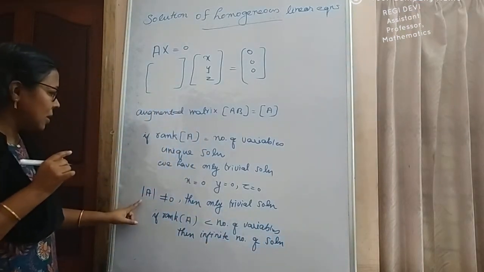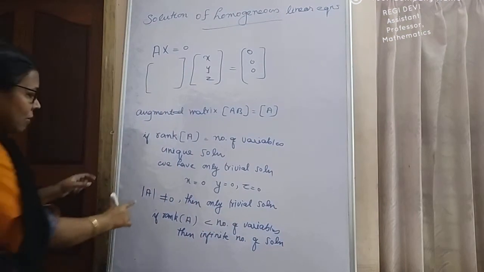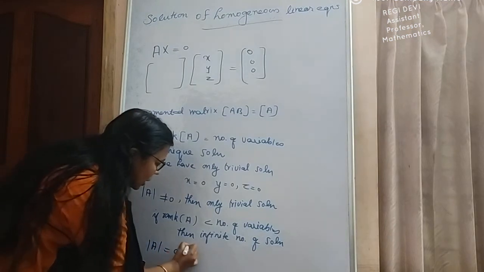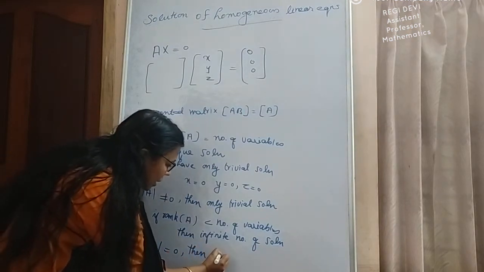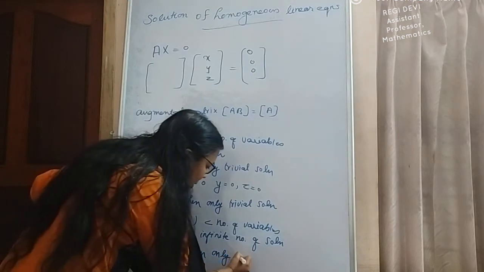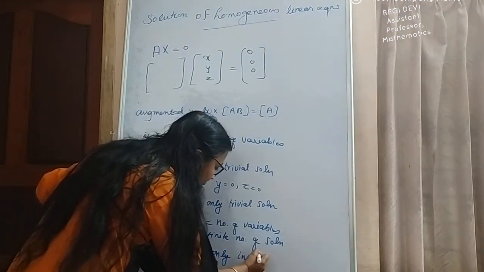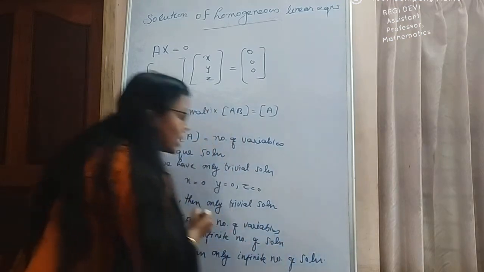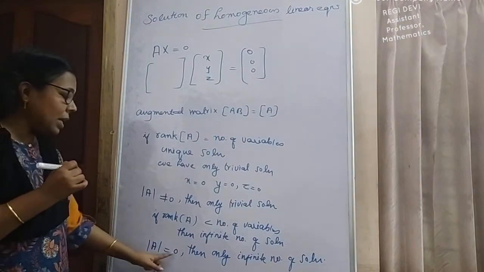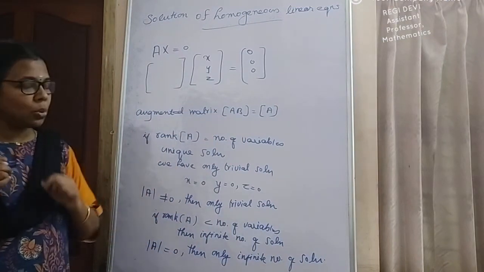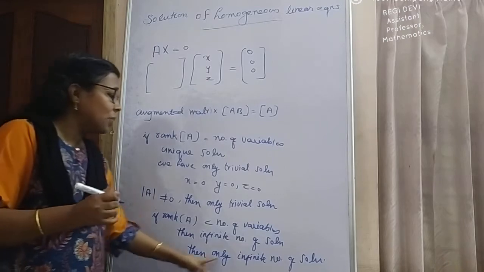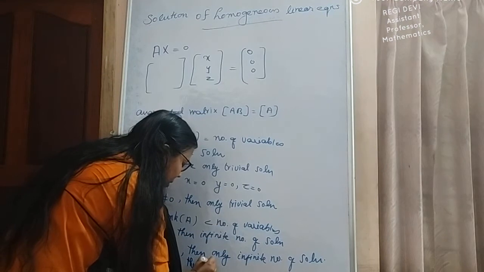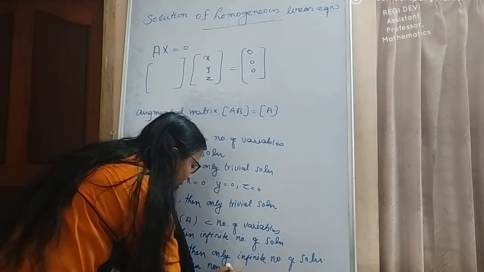Another method: if A is a square matrix, we have to find the determinant A. If determinant A equal to 0, then we get infinite number of solutions. That is non-trivial solution. If determinant A equal to 0, then the non-trivial solutions are infinite in number.